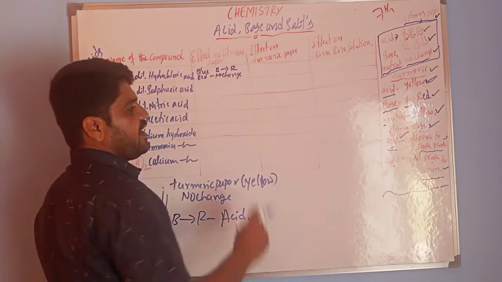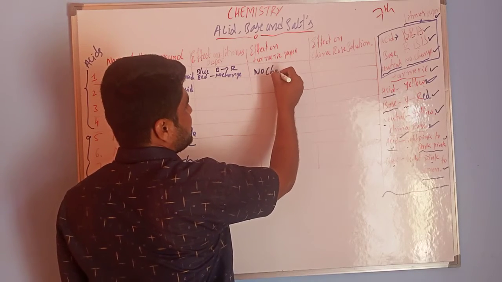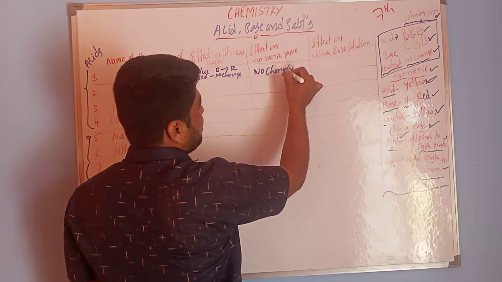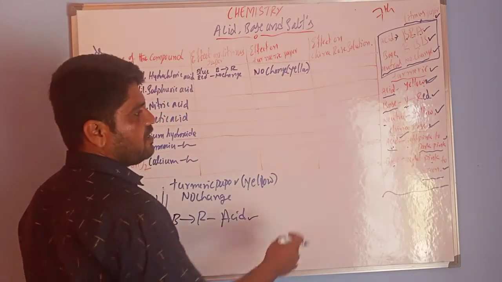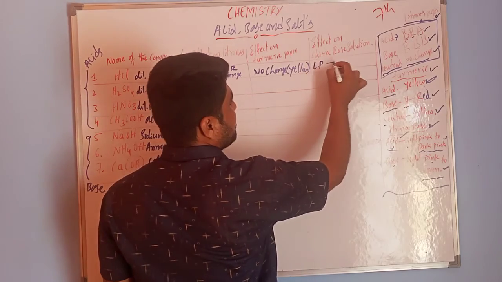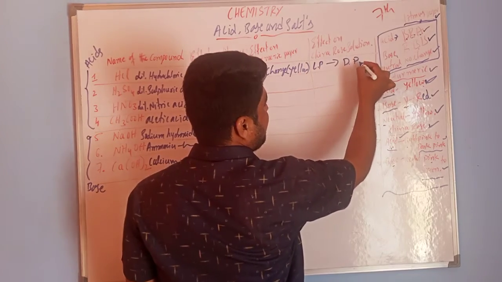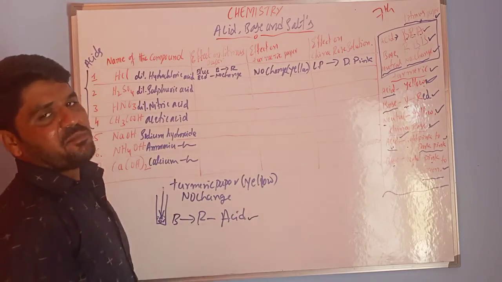Next, effect on turmeric: no change, that means yellow. Next, effect on China rose solution: dark pink. LP means light pink, DP means dark pink. Light pink to dark pink.